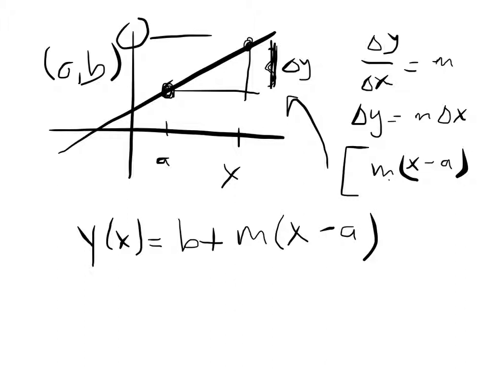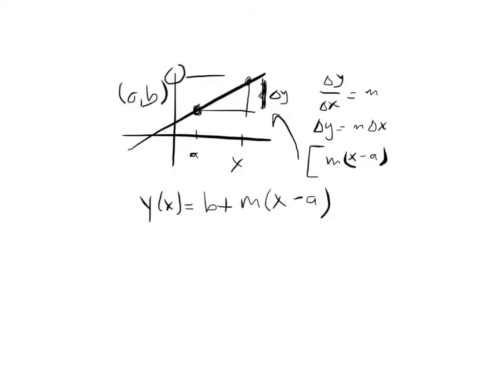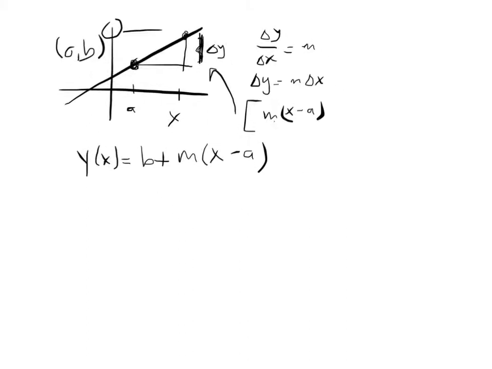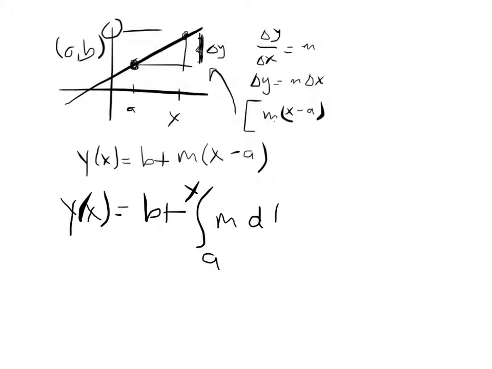And now the idea is, let's work backwards from this. How can I rewrite m times x minus a? Thinking about the fundamental theorem of calculus, I can rewrite it as y of x equals b plus the integral from a to x of m dt, with t a dummy variable.